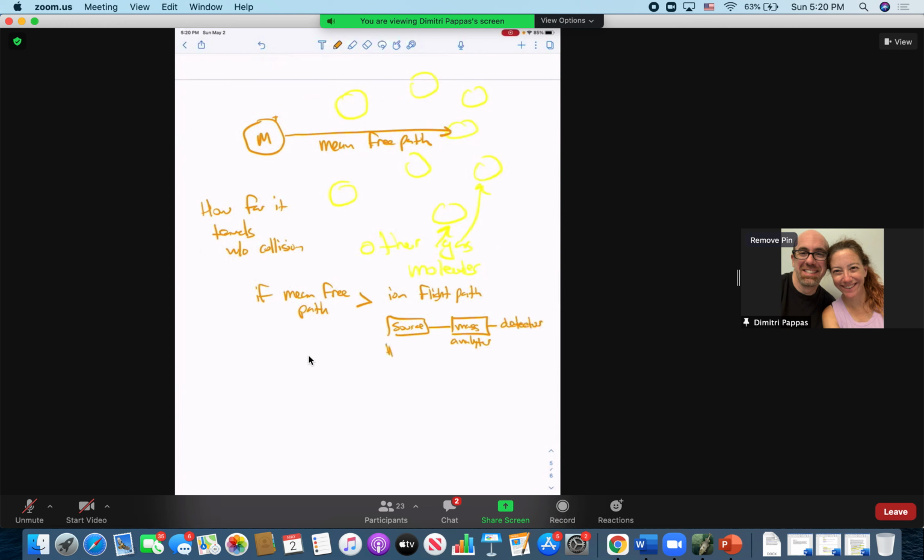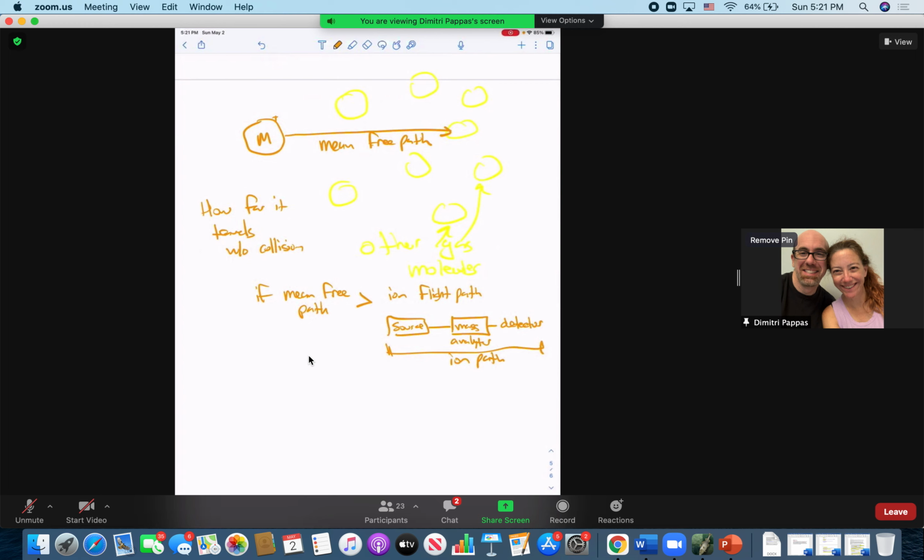So that's the whole ion path, if you will. If the mean free path is greater than the ion flight path, then on average, there are no collisions at all, because it actually travels the entire distance without a collision.